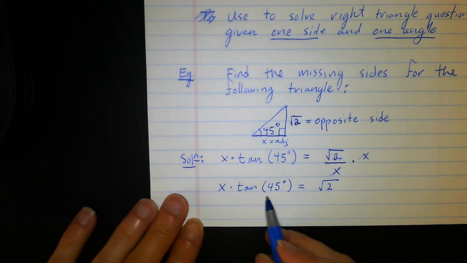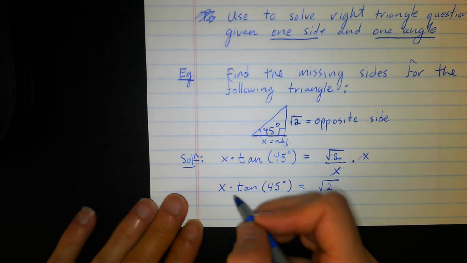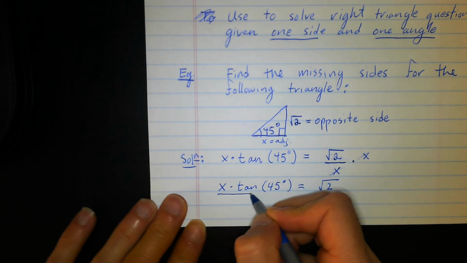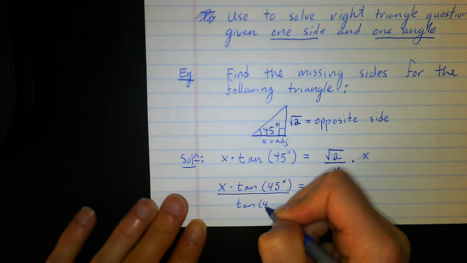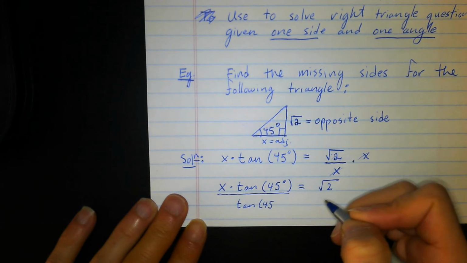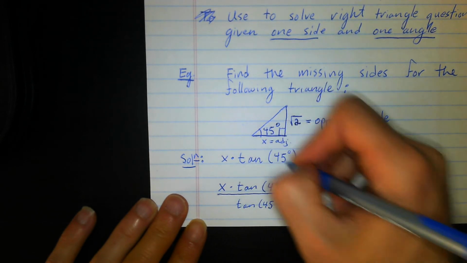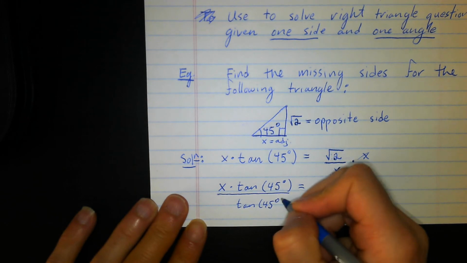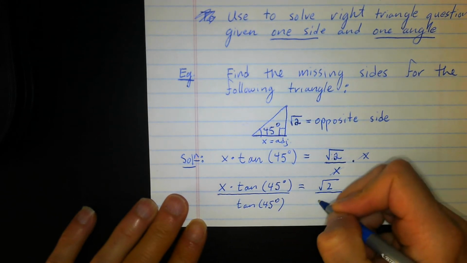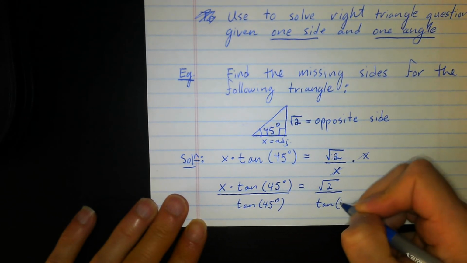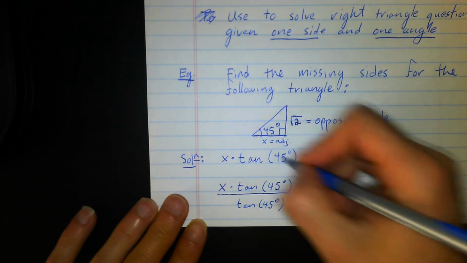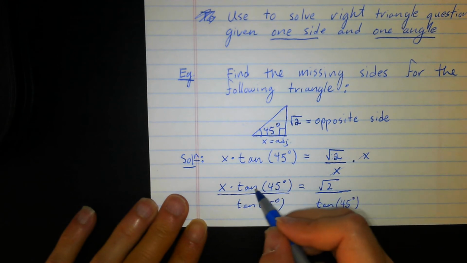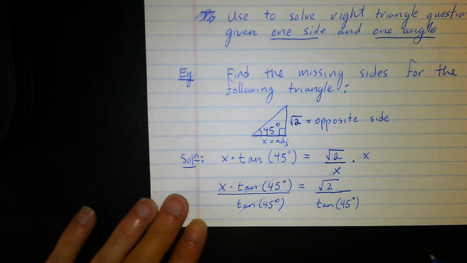And now I'm going to divide both sides by tan of 45 degrees. And this is basically cross-multiplying here. I multiply the x to that side and the tan of 45 degrees to the other side. Or sorry, I divide it to that side. Okay, so these cancel. Tan of 45 divided by tan of 45 equals 1.